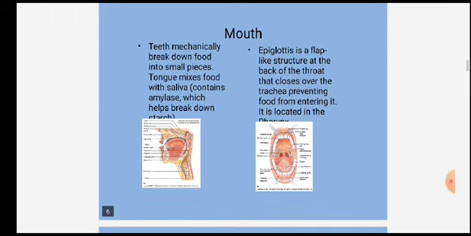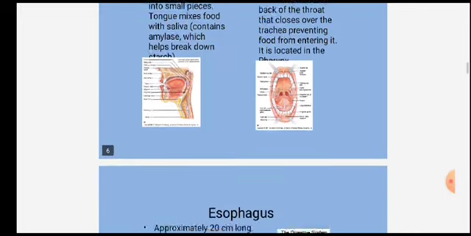Then in the mouth there is the epiglottis. It is a flap-like structure at the back of the throat that closes over the trachea, preventing the food material from entering it, and it is located in the pharynx.